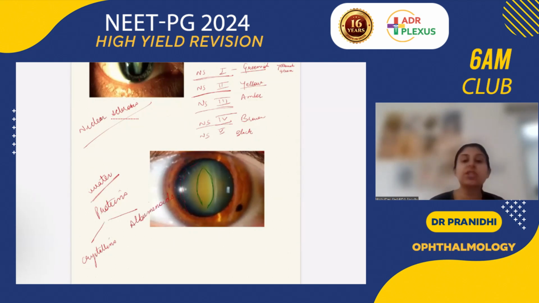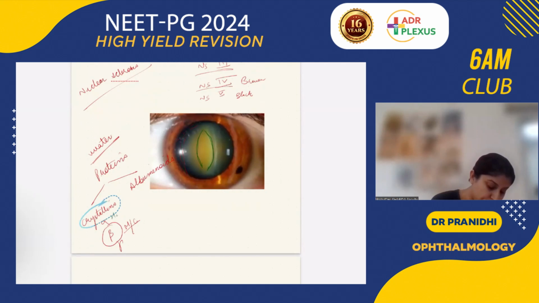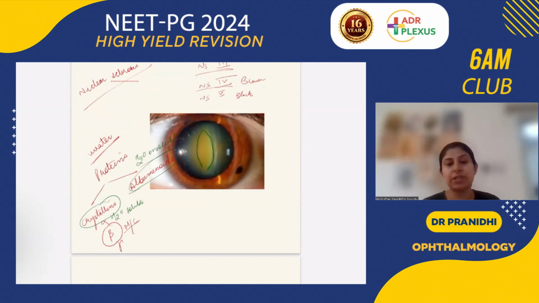One is the crystallins and the other are the albuminoids. Crystallins are alpha, beta, and gamma, and beta is the most common, the most abundant protein present in the lens. These crystallins are water soluble and these albuminoids are water insoluble.